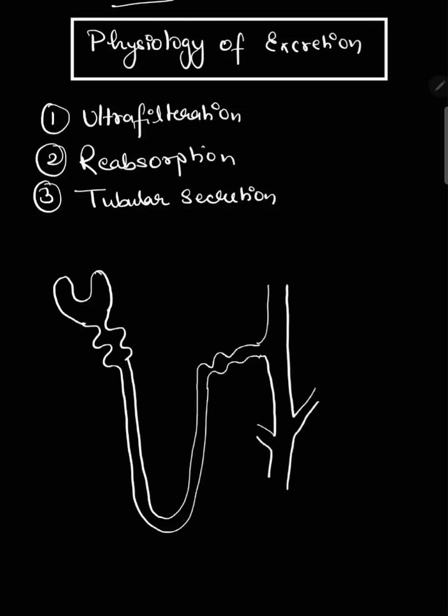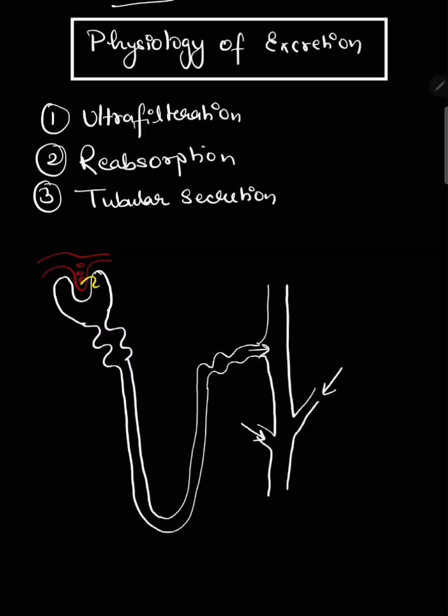Why have I drawn some branches? Because the collecting duct is not part of one nephron. From other nephrons some filtrate will come, and now they will be called urine. Let's draw here the glomerulus.